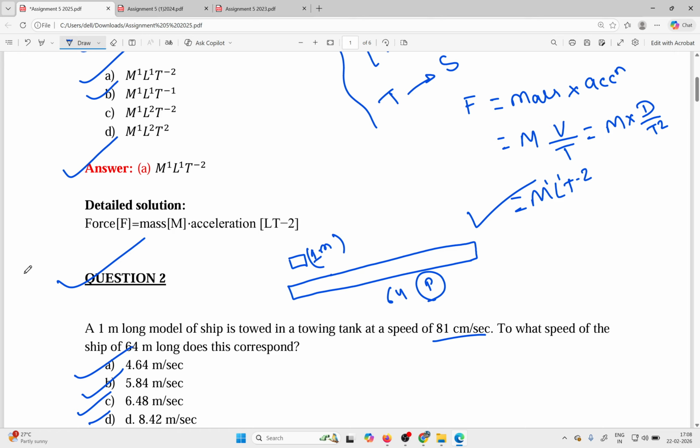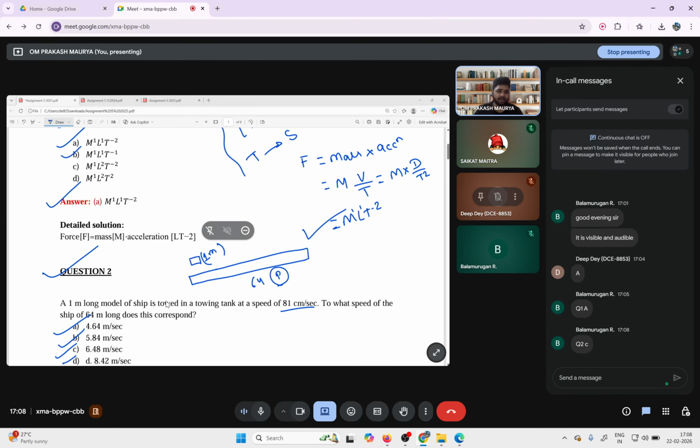Now please try to write your answer in the chat box. Very important question, very easy question also. For question number 2, Bala is telling option C, 5.84. That is very nice. Other students, please also try to write your answer.